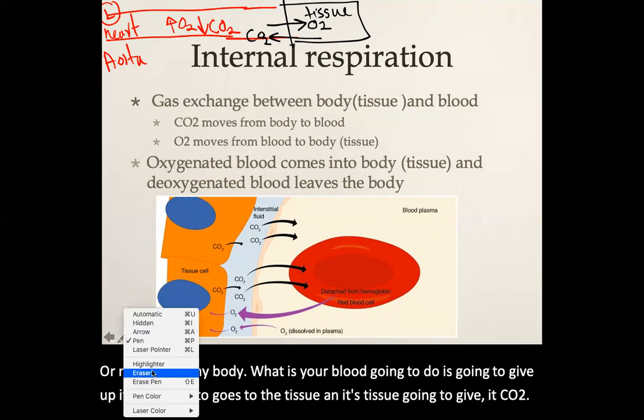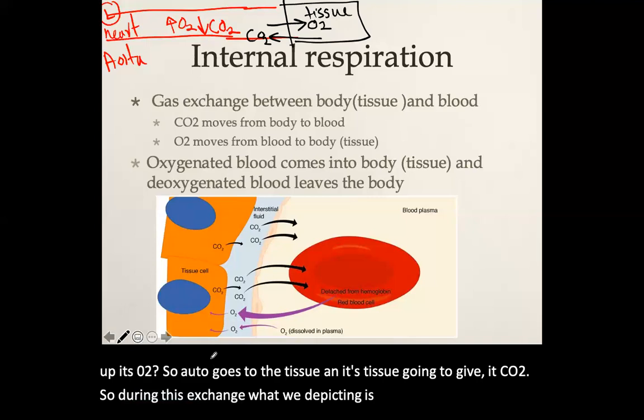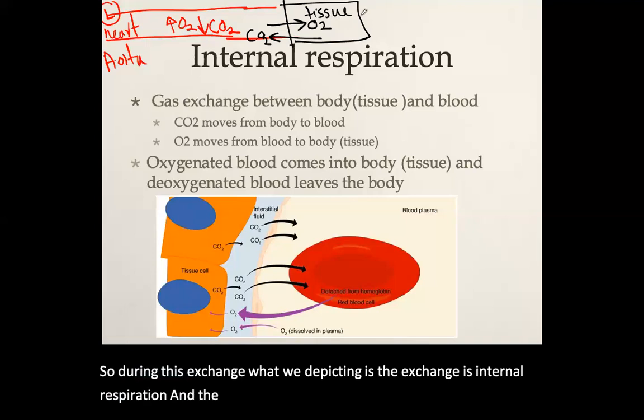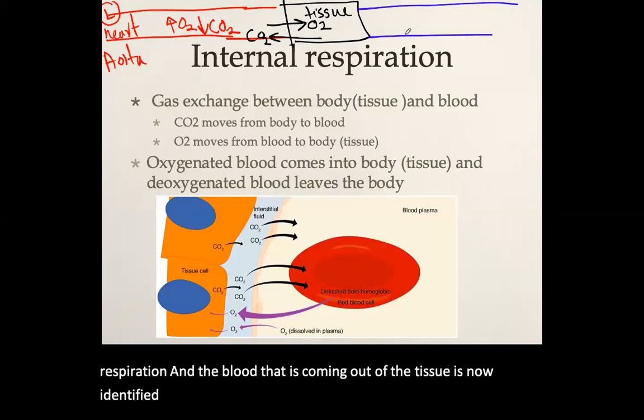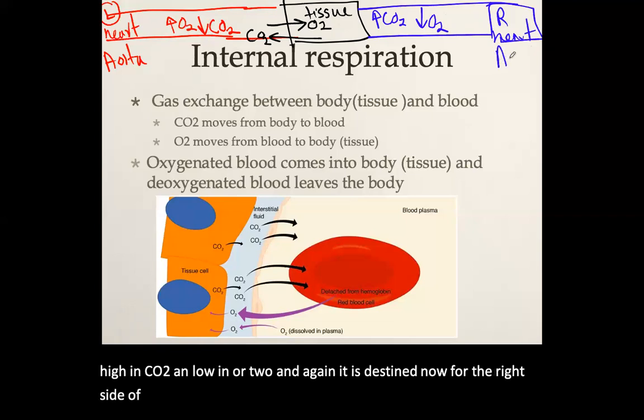So during this exchange, what we're depicting is internal respiration, and the blood that is coming out of the tissue is now identified as deoxygenated blood, depicted in blue, which means now high in CO2 and low in O2. And again, it is destined now for the right side of the heart, or more specifically, your right atrium.